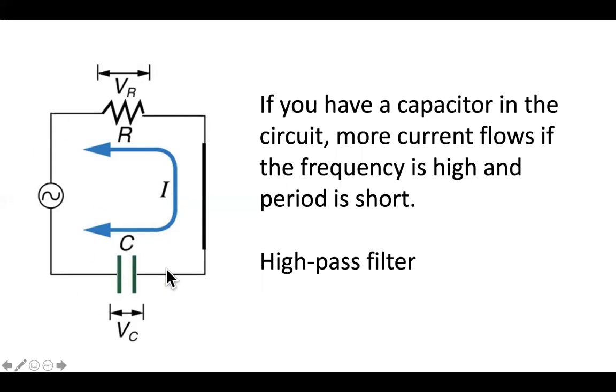You can only get current oscillating around in this thing if it's at a high frequency. This means that if you're sending signals through, only ones with high frequencies can get through. This thing filters out low frequency signals and is called a high pass filter.